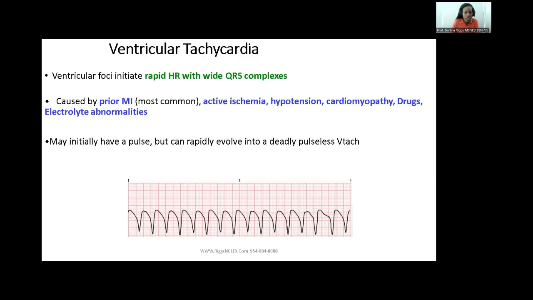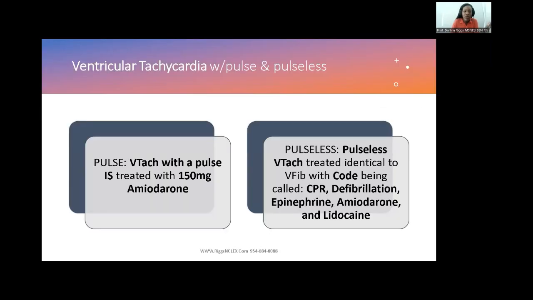Now, in your question, pay attention to whether you're dealing with a pulse client or a pulseless client, because your intervention is different. So you have a ventricular tachycardia. Do they have a pulse or do they not have a pulse?